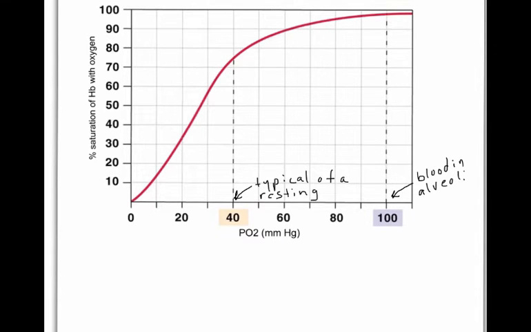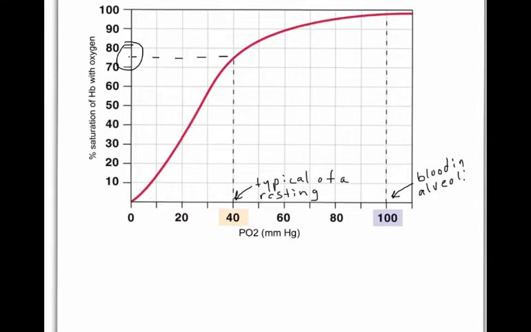And if we follow this up to the graph, and then draw a line across, you see that the percent saturation of the venous blood returning to the heart in a resting person is about 75%. That means that what we call deoxygenated blood returning to the heart from the systemic blood vessels is actually still about 75% saturated with oxygen.